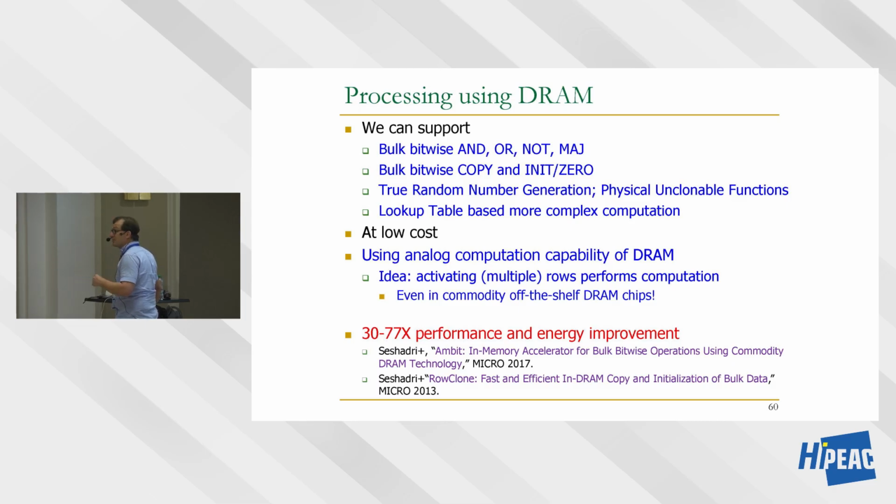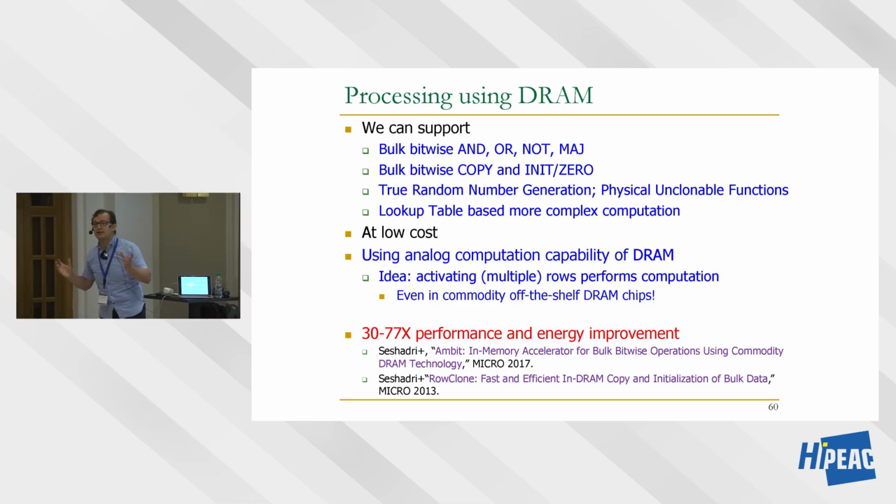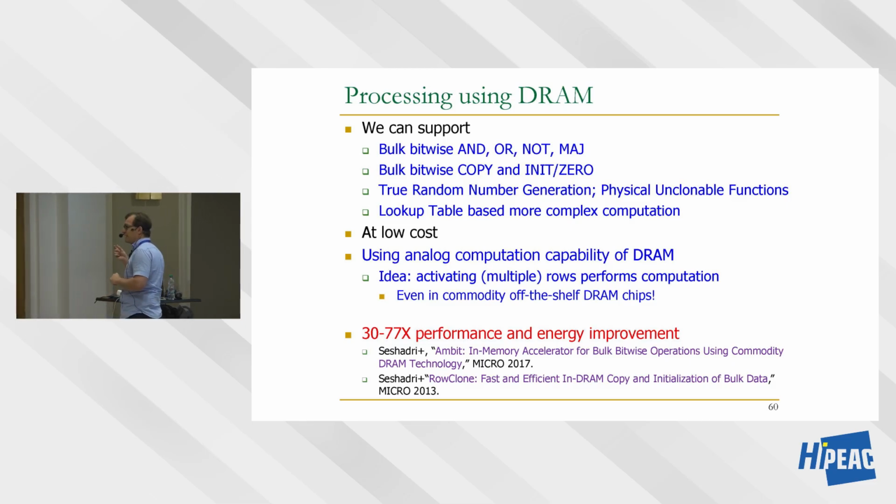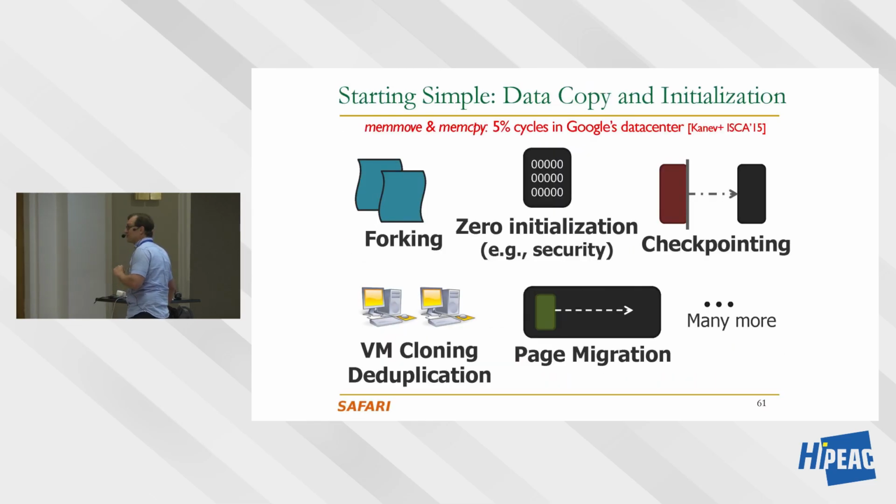And the idea is to use analog computation capability of DRAM. And the overarching idea is really to activate multiple rows, either sequentially or consecutively, with very quick activation latencies. And you can do this even in commodity off-the-shelf DRAM chips that are unmodified. Okay, so you get significant performance and energy improvements.